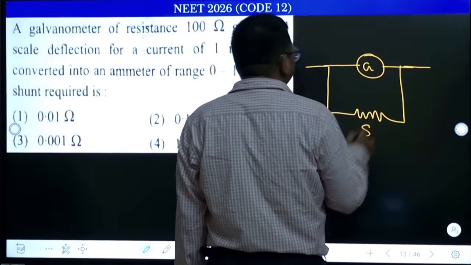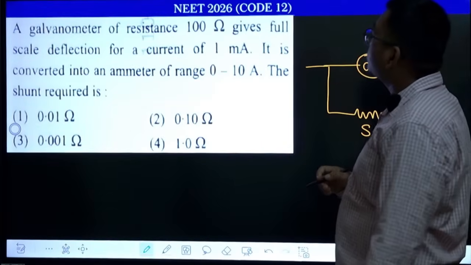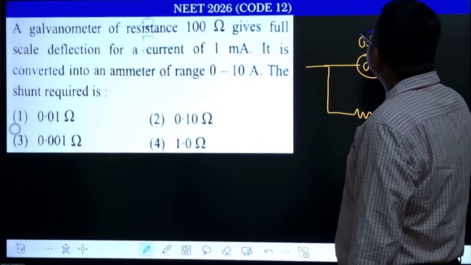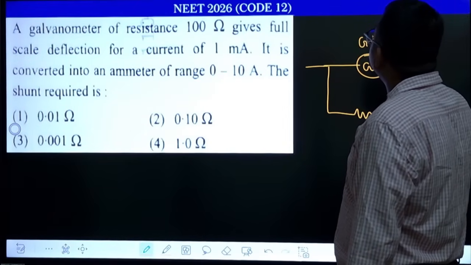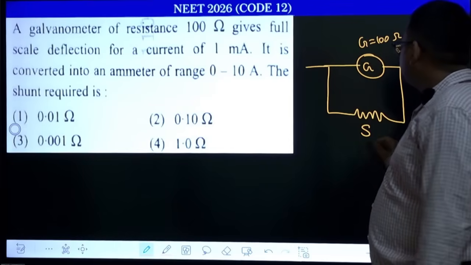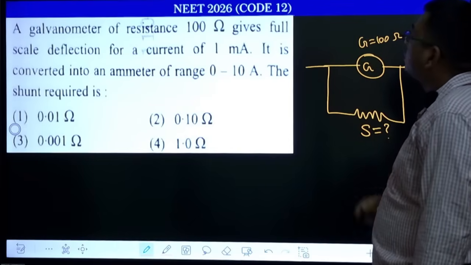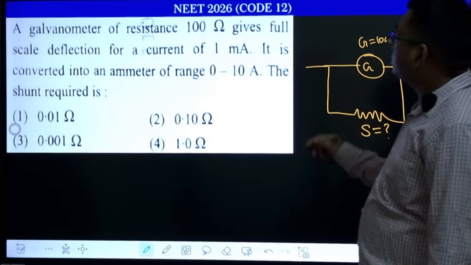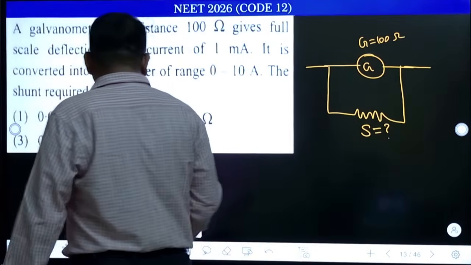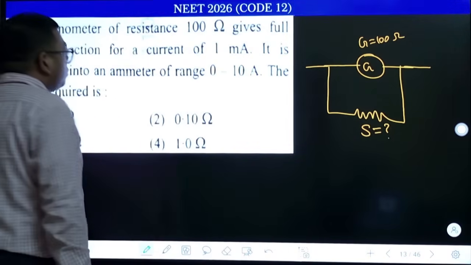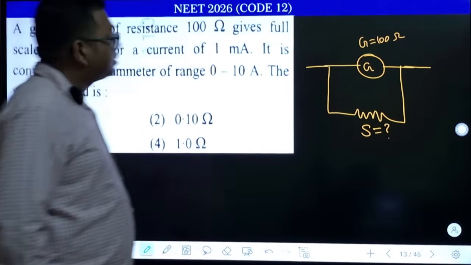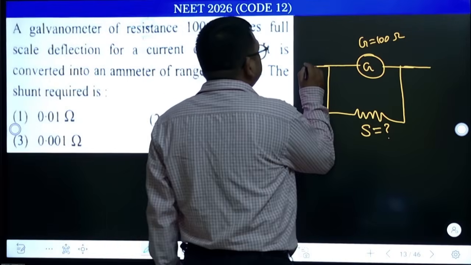Let's say the galvanometer is G, with resistance 100 ohm, and the shunt S we need to find out. The range is 0 to 10 ampere, that means the maximum must be 10.